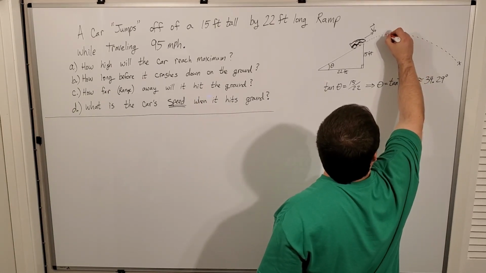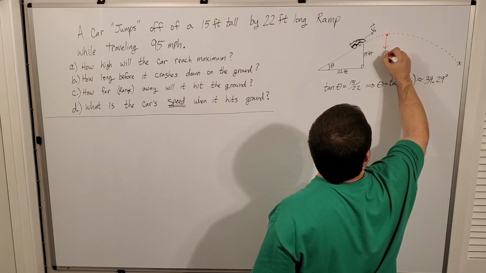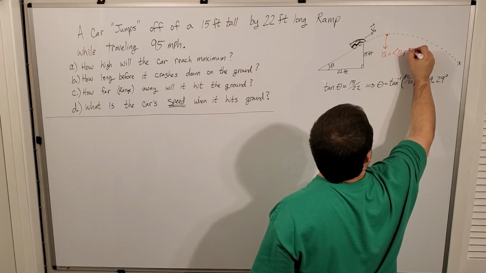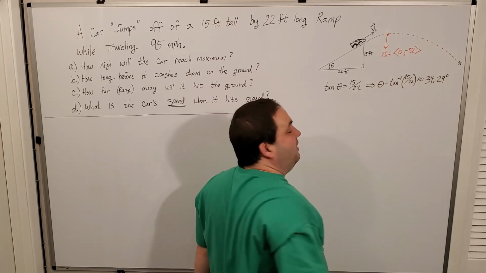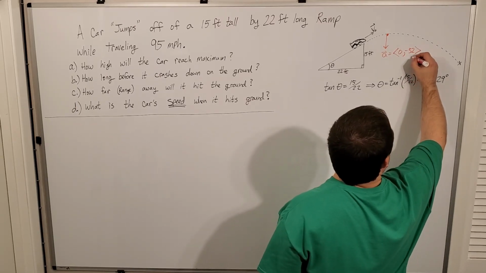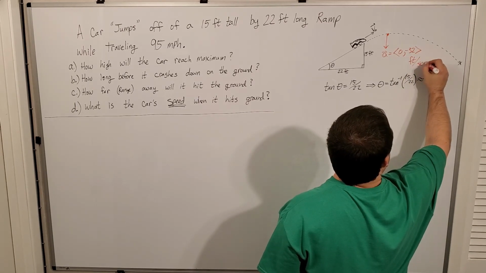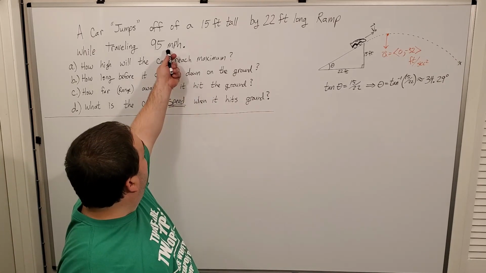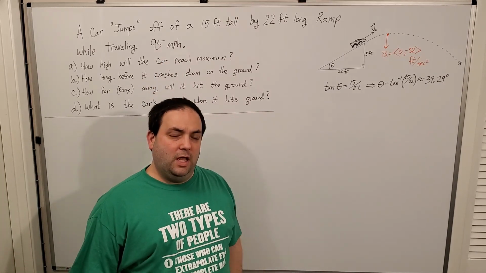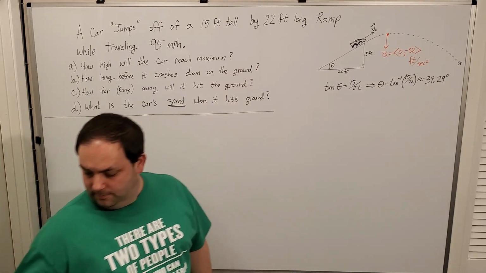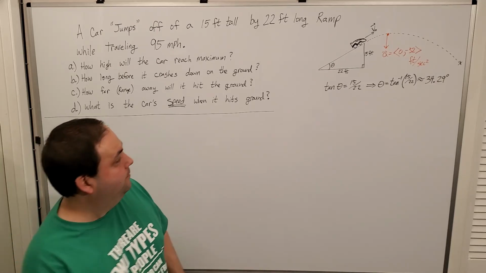So my acceleration vector is going to be 0, negative 32, measured in feet per second squared. And therefore my initial speed measurement is in the wrong units, so we need to fix that.